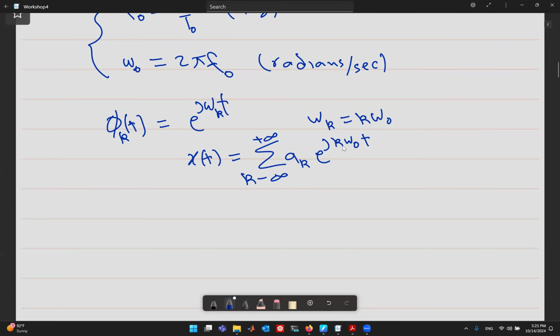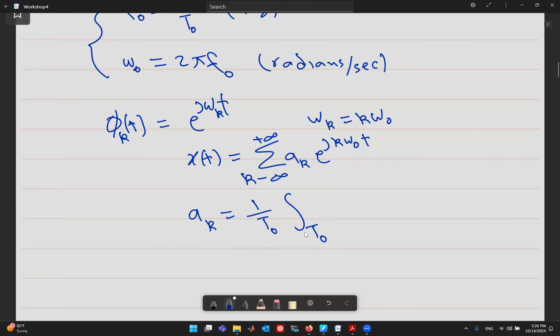So we are doing a summation over all of these harmonics, and we scale each harmonic by a different constant. This constant is given by 1 divided by the fundamental period of the signal, and we do the integration over one period.